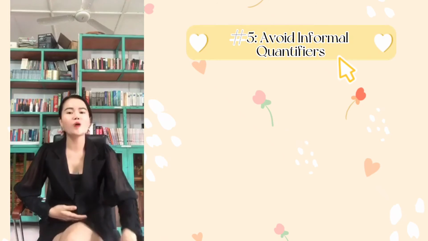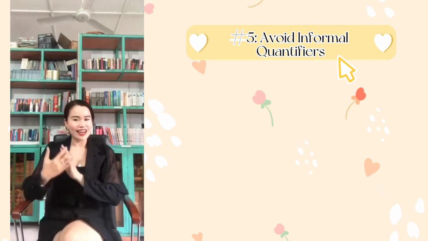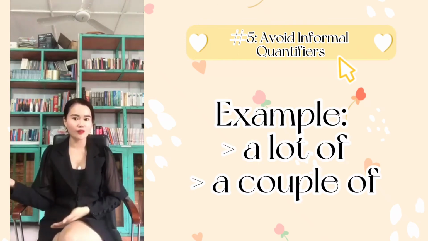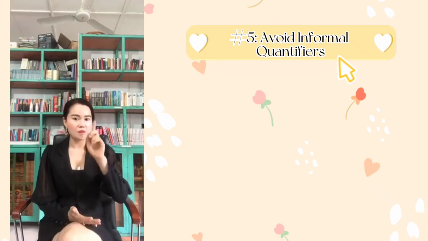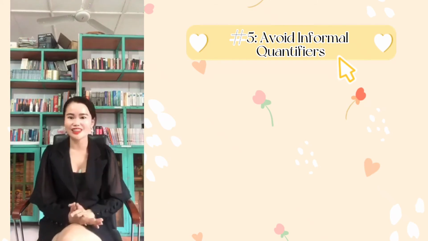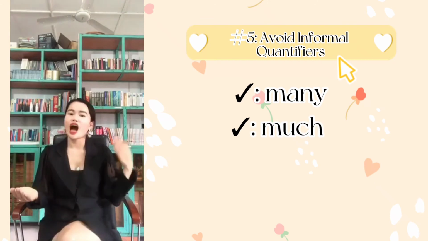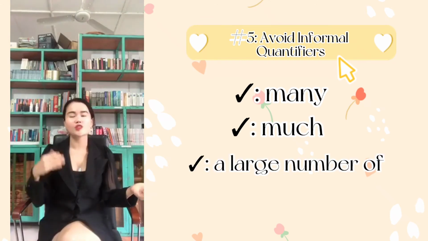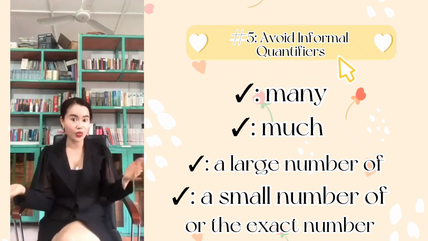Number 5. This is avoid informal quantifiers. Alright. Example, a lot of, a couple of. Well, you may want to change it into many. You can have much, a large number of, a small number of, or the exact number like 1, 2, 3, 4.